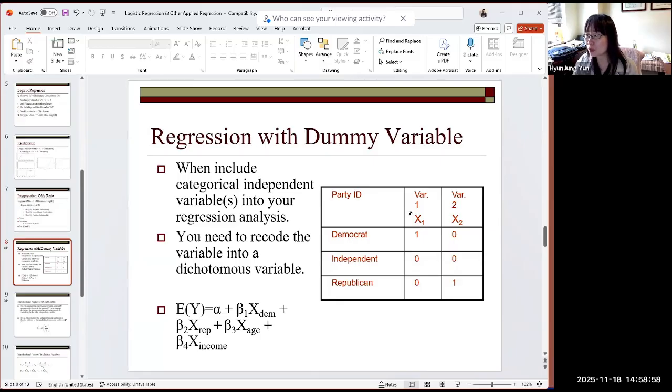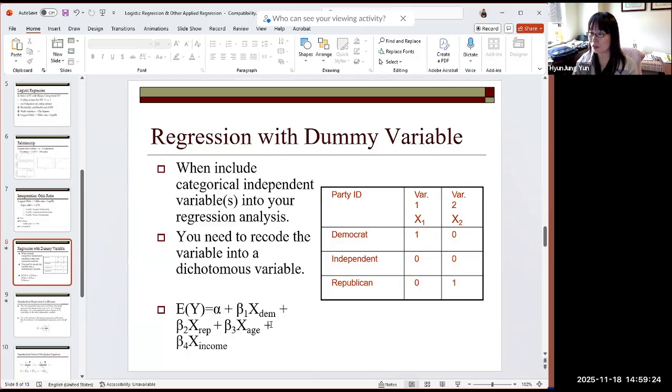For example, you code Democrat as one and the rest of the categories as zero. This is the variable for Democrat. Then you include another variable for only Republican, so you recode the rest of the partisan groups as zero and Republican as one.